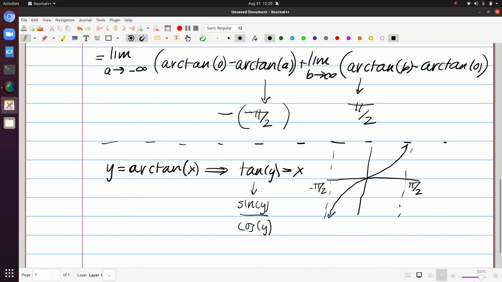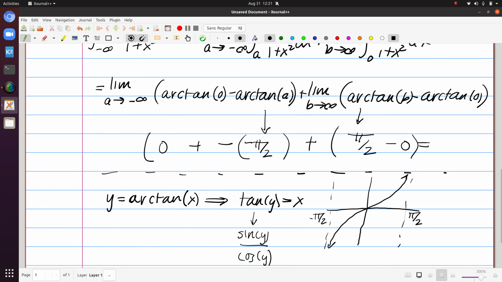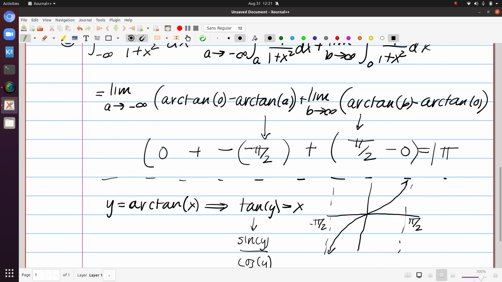The denominator is 0 at plus or minus pi over 2, effectively giving us those plus or minus infinity. And to distinguish between the positive and the negative, we think about when the numerator is positive or negative. Either way, we get our limiting values here. And then the last thing to consider is the arctangent of 0 is 0. So we're left with pi over 2 plus pi over 2. We get that this converges, and it converges to pi.